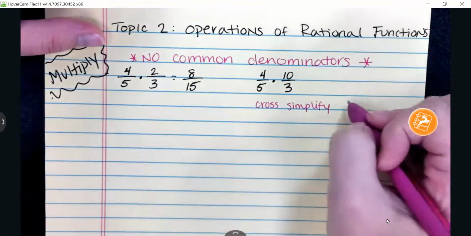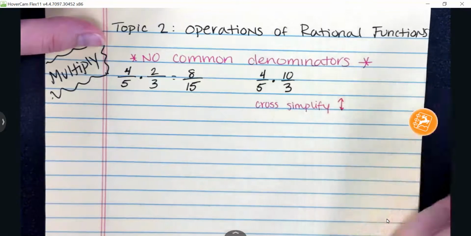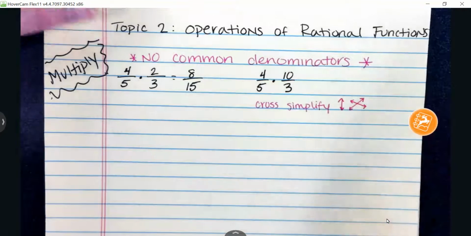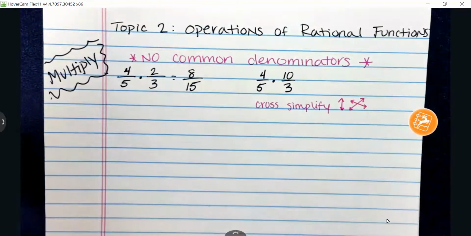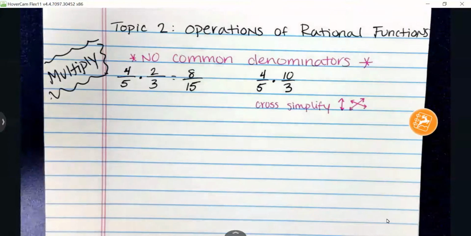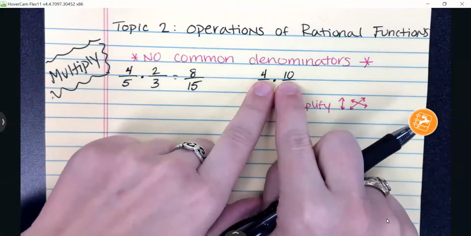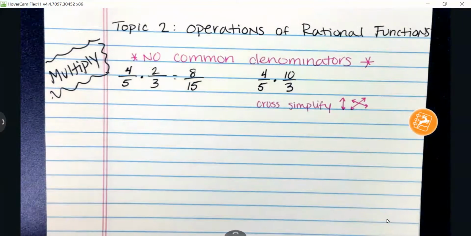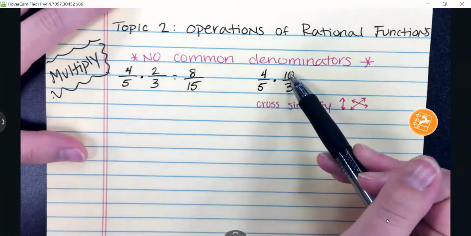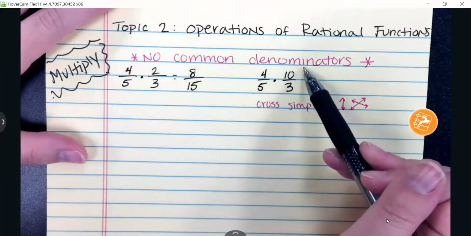You can simplify things up and down, and you can simplify things diagonally. You cannot simplify side by side. It's like I can't simplify 4 and 10. Those are side by side, okay? I can simplify 5 and 10 because they are diagonal.